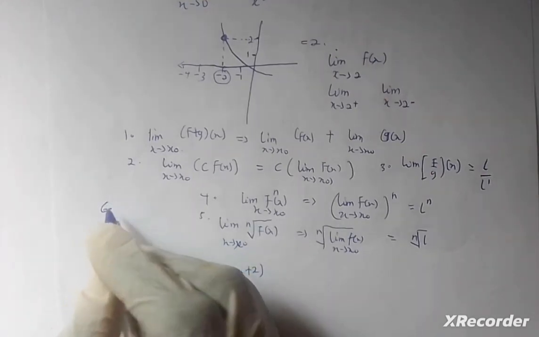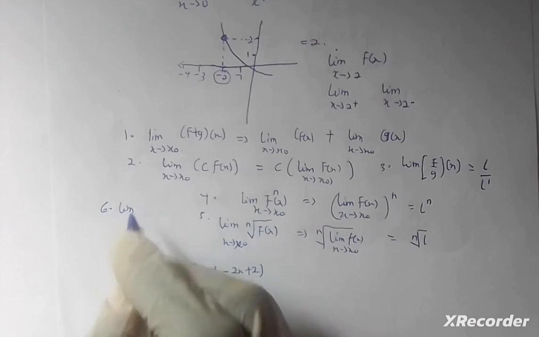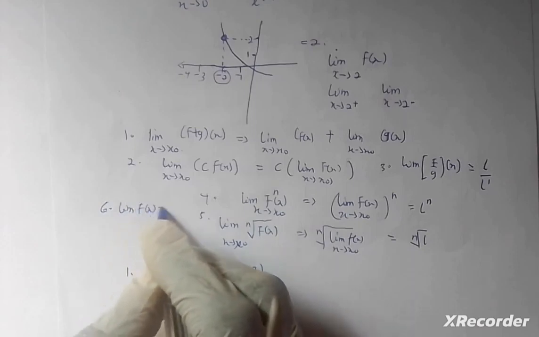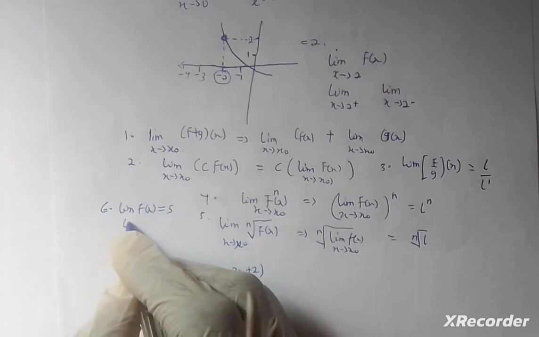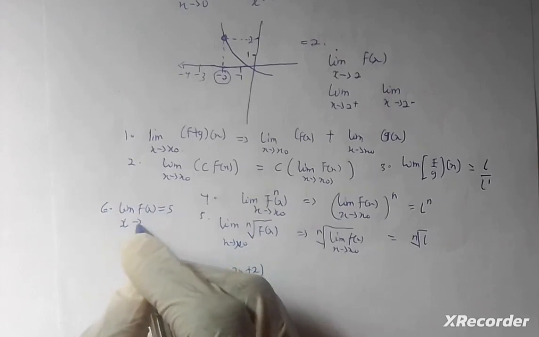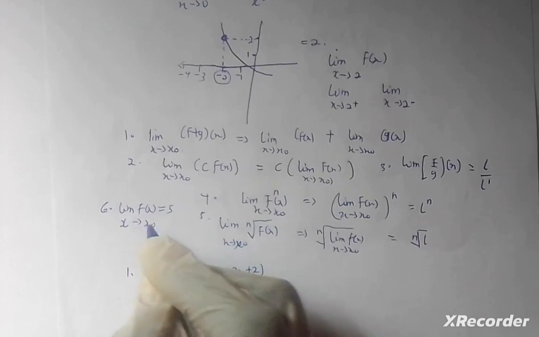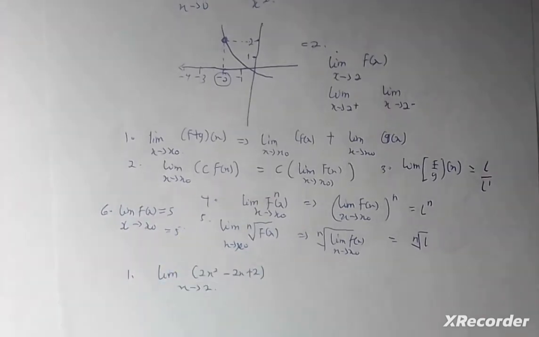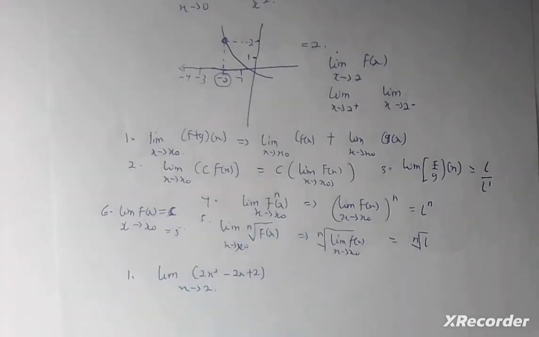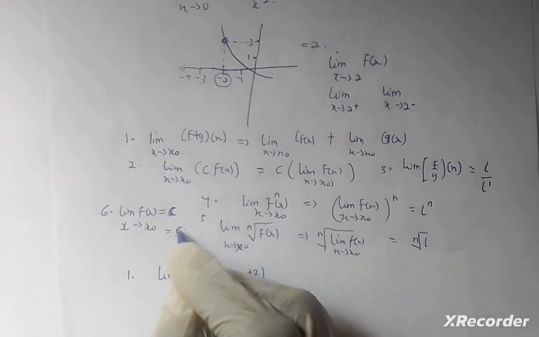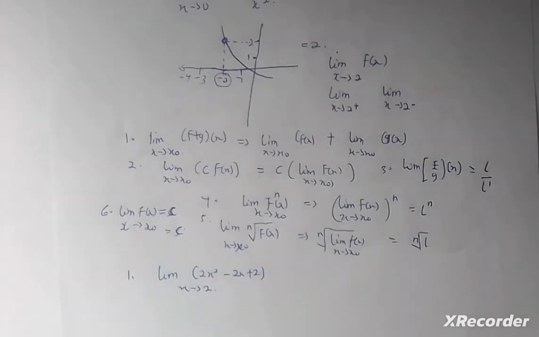The sixth property: if you have the limit of any constant function, let's say f of x equals 5, as x approaches any number x naught will give us 5 as our solution. So in general, if you want to find the limits of a constant function using c as an arbitrary constant, the solution will be c irrespective of the value of x you are approaching.